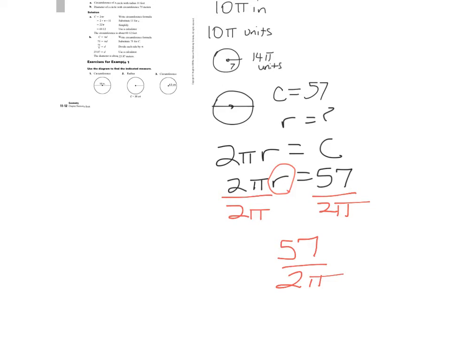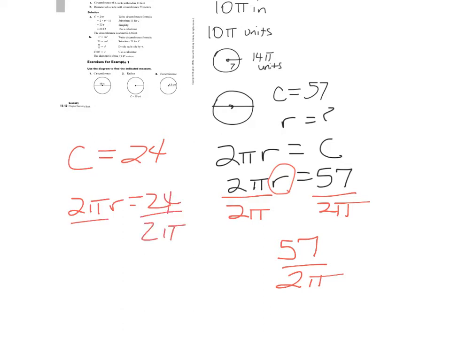Now, if I gave you something that was divisible by 2, let's say I told you the circumference was 24. For this one, you would do 2 pi r equals 24, divide by 2 pi. 24 you can divide by 2, so you would tell me the radius is going to be 12 over pi.